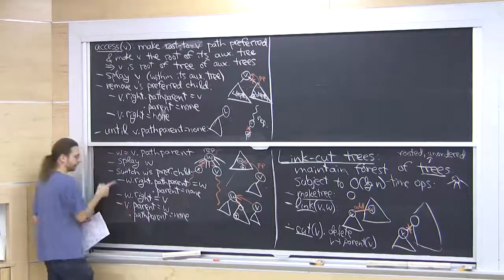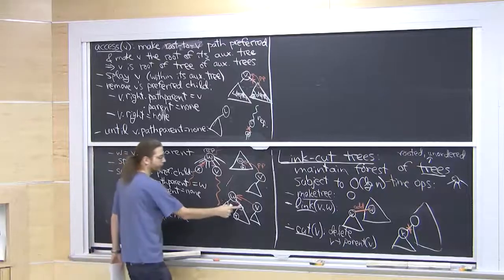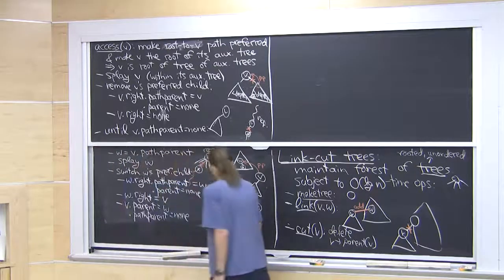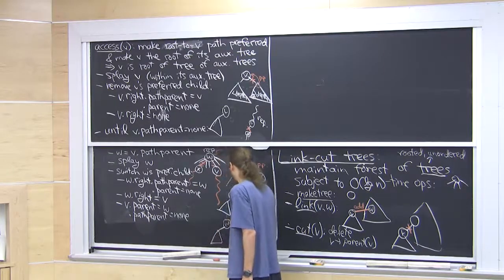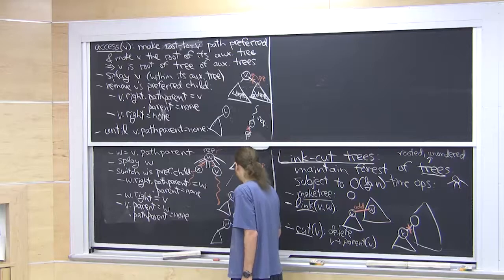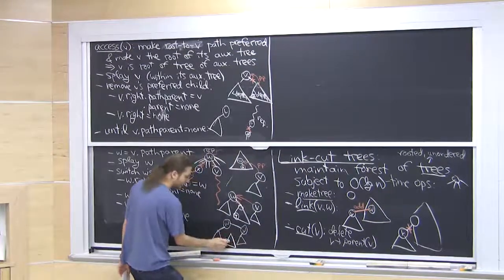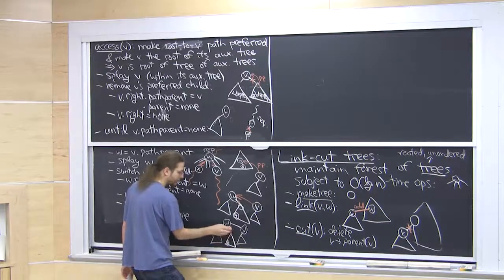So essentially the reverse of these operations. We remove this preferred child pointer and we add this one in. So the new picture will be, we have W, which has its left subtree just like before. Its right subtree is now V with its left subtree. And then we also have this other tree hanging out, not directly connected except by a path parent pointer there.